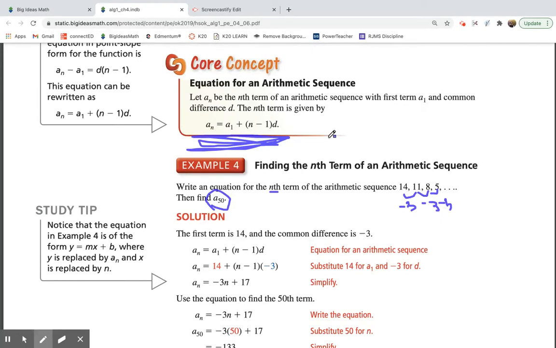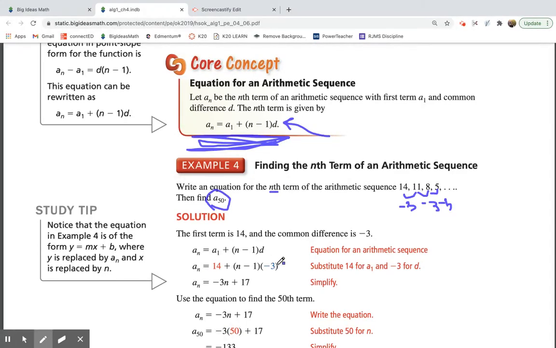It's because we're plugging it into this equation. So we have A sub n equals, okay, so A1, that means your first term. The first term in that sequence is 14. So I replace the A1 with a 14, and I replace the d with negative 3. Now I solve this.